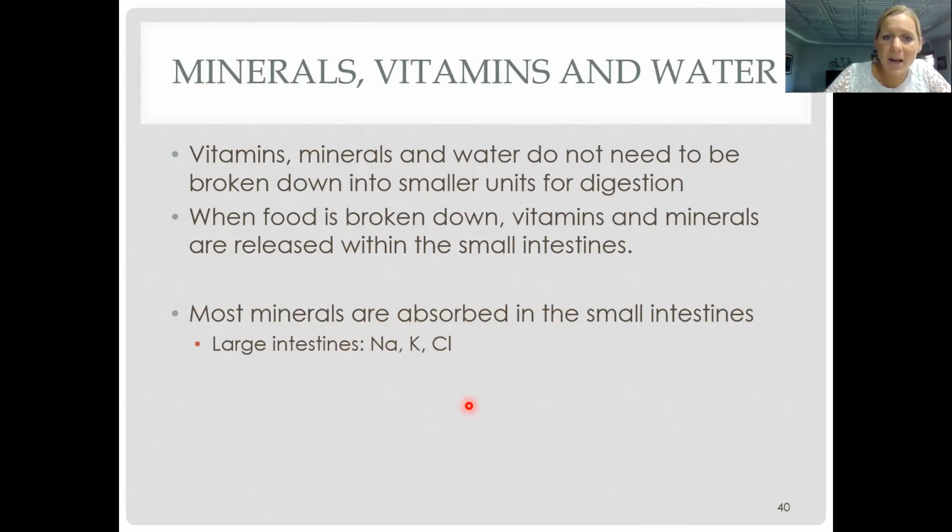The process by which our minerals and vitamins will absorb is through passive diffusion. Fat-soluble vitamins can be absorbed with fat molecules. So basically, they just jump on board with the fat molecules and move across the membrane that way. Water-soluble vitamins and minerals will move through passive diffusion. And then calcium and magnesium can move through active transport.